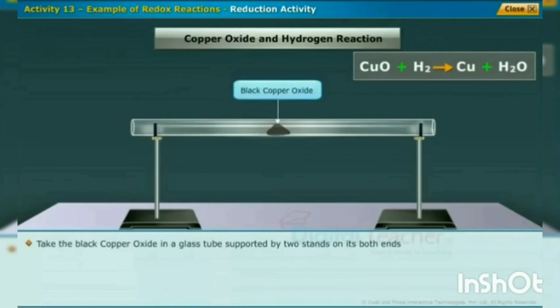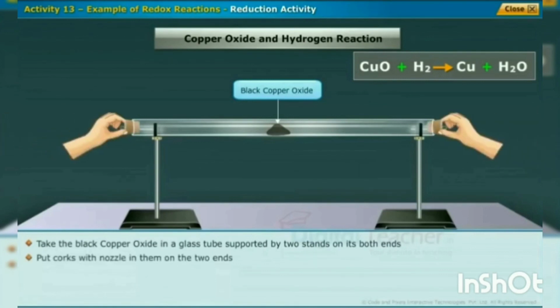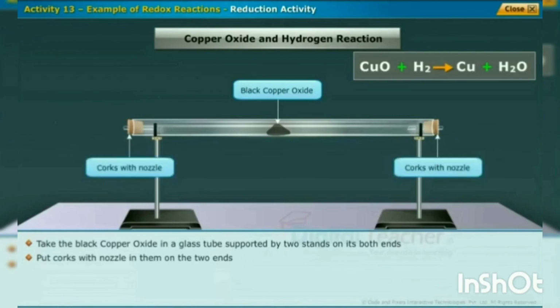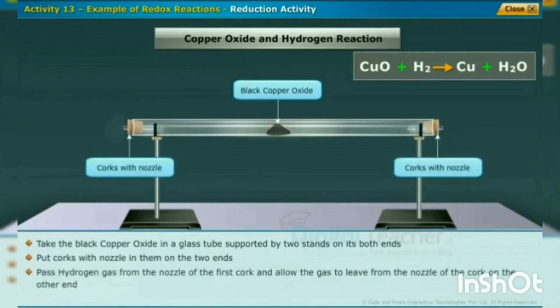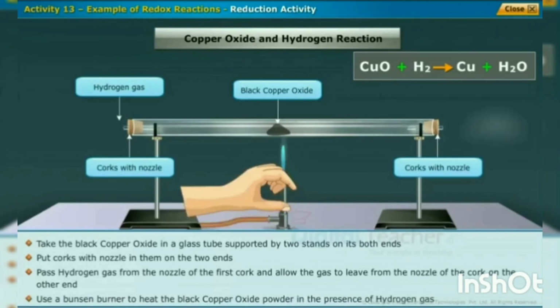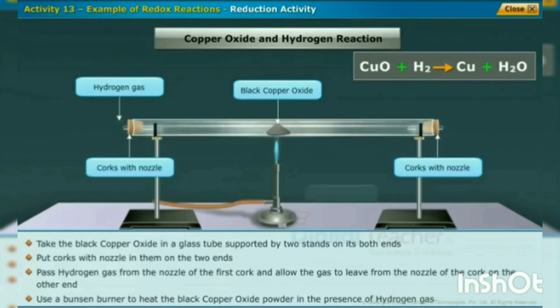Now take the black copper oxide in a glass tube supported by two stands on both ends. Put corks with a nozzle. Pass hydrogen gas from the nozzle of the first cork and allow the gas to leave from the other nozzle. Using a Bunsen burner, heat the black copper oxide powder in presence of hydrogen gas.